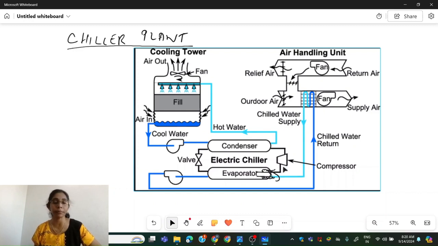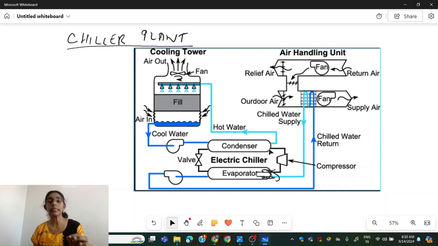It converts the vapor of the refrigerant from low pressure to high pressure and then allows it to enter the condenser. While entering the condenser, the refrigerant will be at high pressure, high temperature, and in the vapor phase.